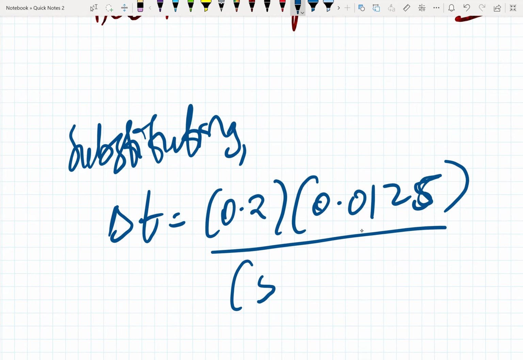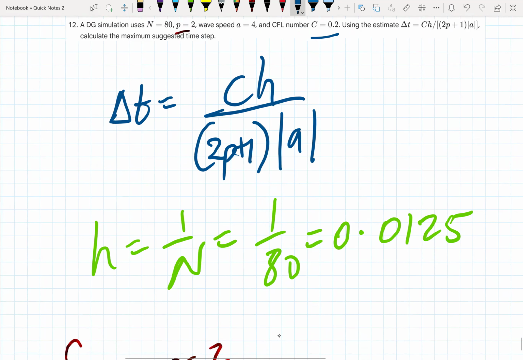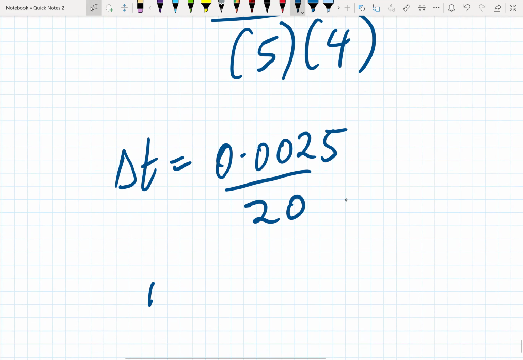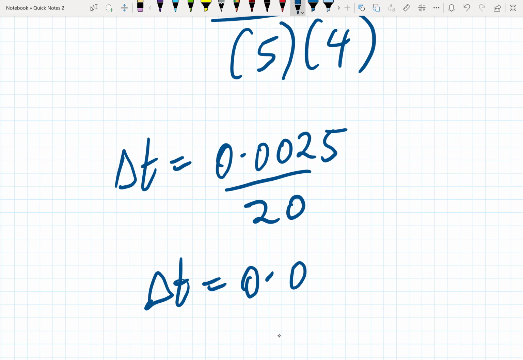That 5 is 2p plus 1 that we got here, and then a is 4. So if we compute everything, the numerator is 0.0025 and the denominator is 20. So delta t is equal to 0.000125. That means overall delta t is equal to 1.25 times 10 raised to power minus 4.